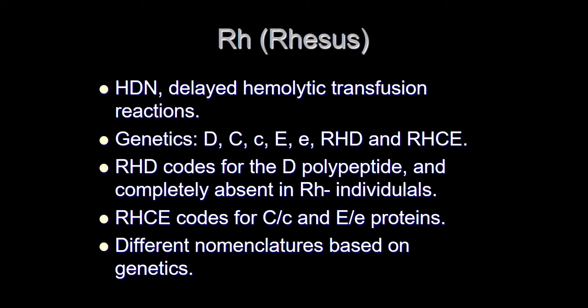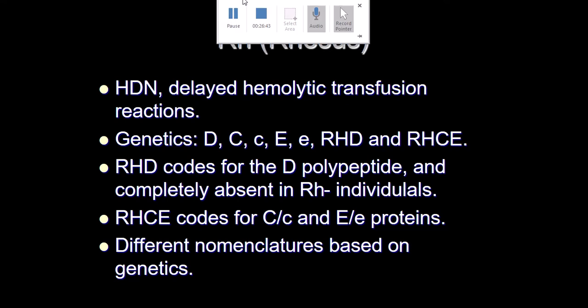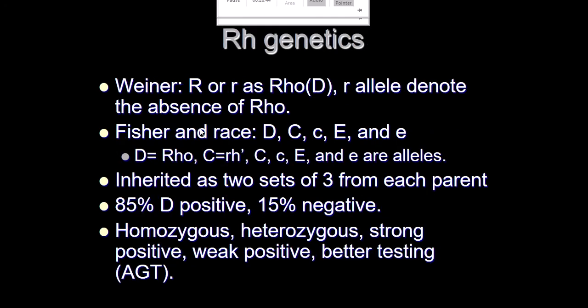But the capital D is the most important. So again, the nomenclature depends on the presence of the C and the E beside the D here. Capital D means Rh positive, small d, Rh negative.